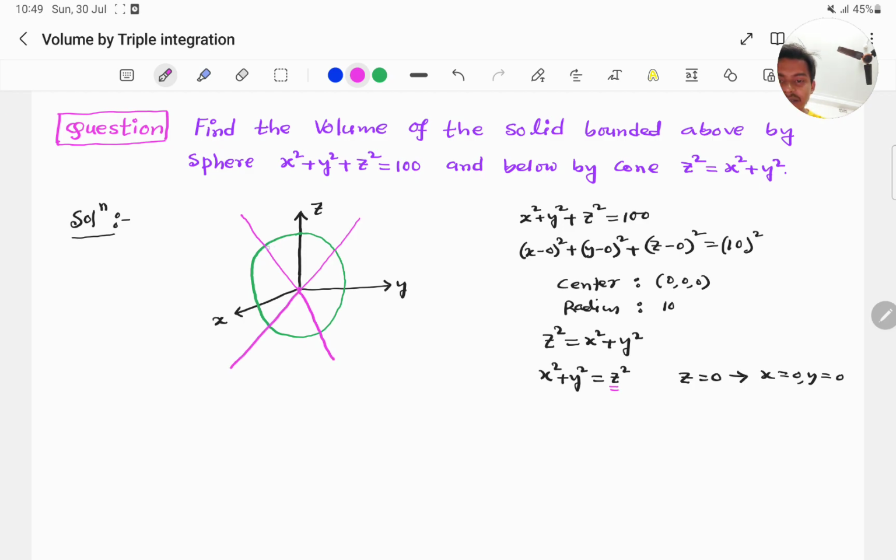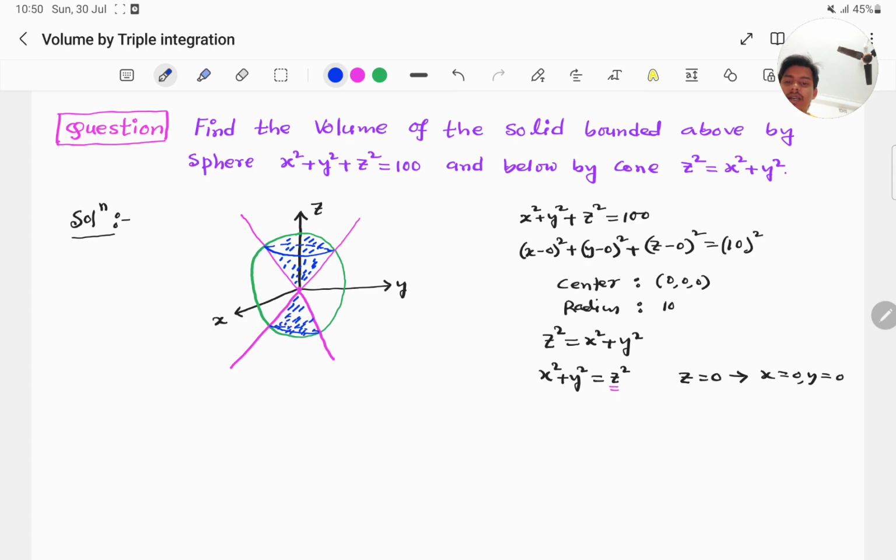So the solid is basically here, this is our solid. We will calculate the volume of this whole upper part as well as the below part. Below we have also something like that. This is our total solid.